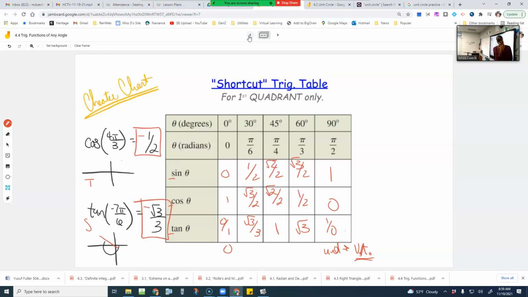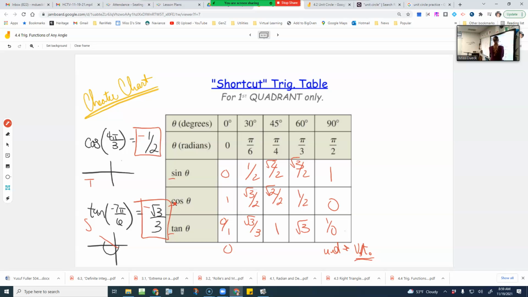But if you know the cheater chart is SOHCAHTOA, sine then cosine then tangent, and the song goes 1, 2, 3, those are telling me the sines, a quick way to remember the order of those special numbers. Cosine, 3, 2, 1, those are the cosines.